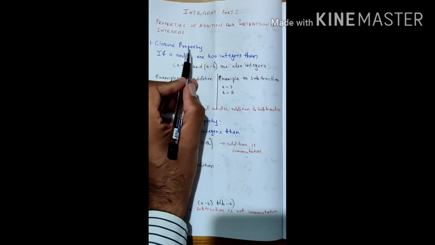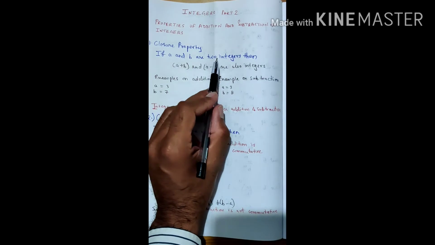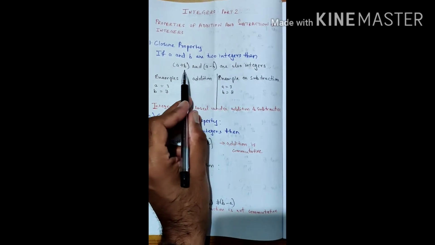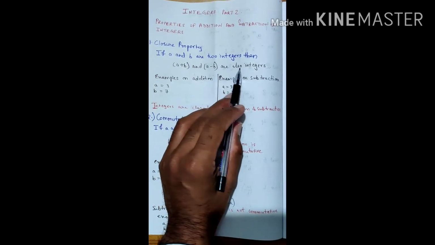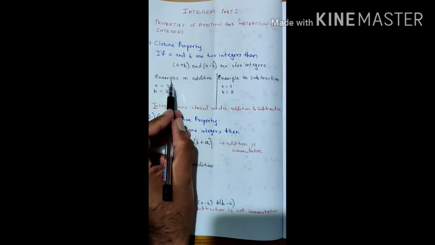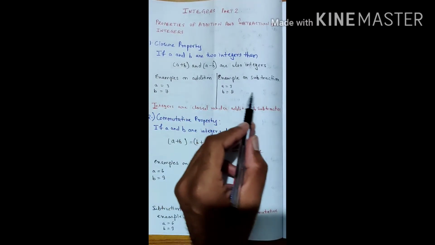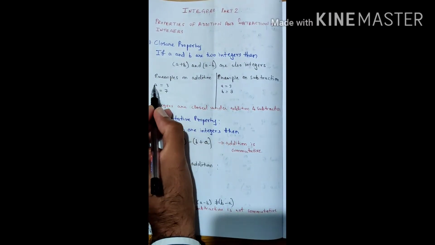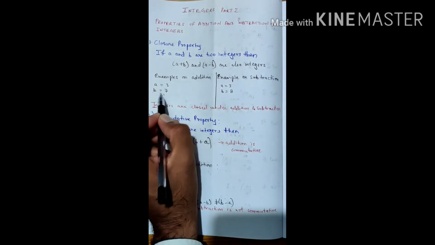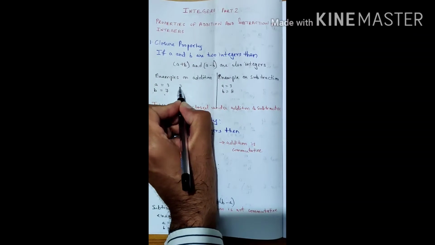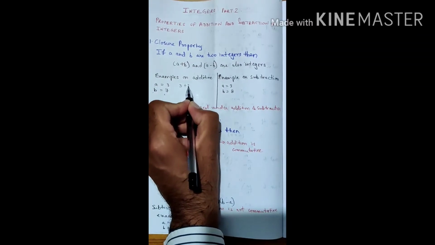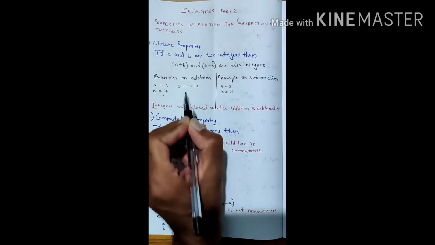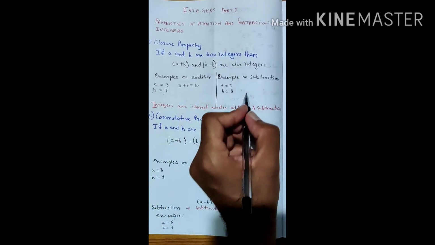In closure property, if a and b are two integers, then a plus b and a minus b are also integers. So let us see one example in the case of addition and then in subtraction. If I take the value of integer a as 3 and b as 7, and I add them, our result will be 10.